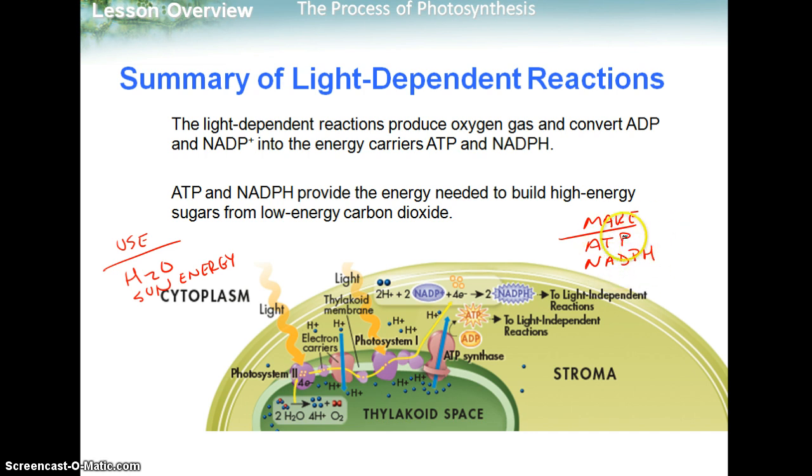These are going to be passed along into the stroma so that we can do our second set of reactions called the light-independent reactions.